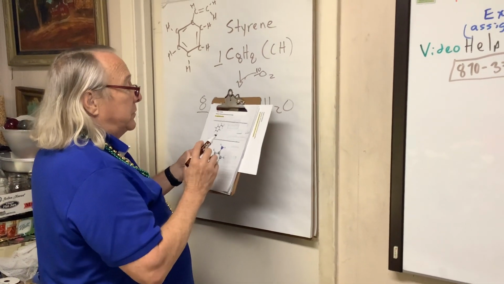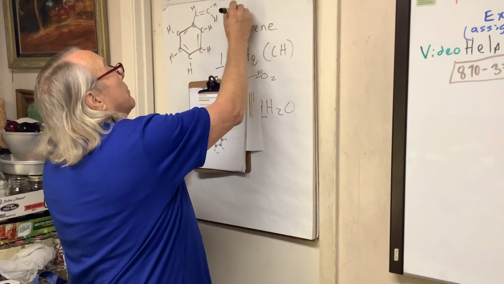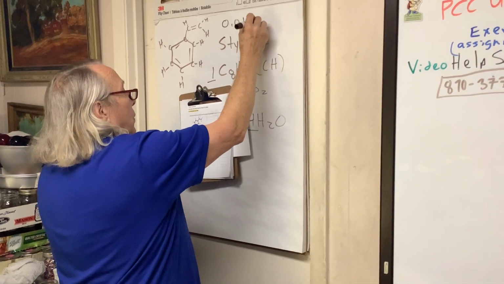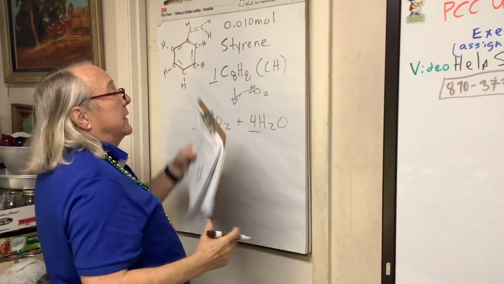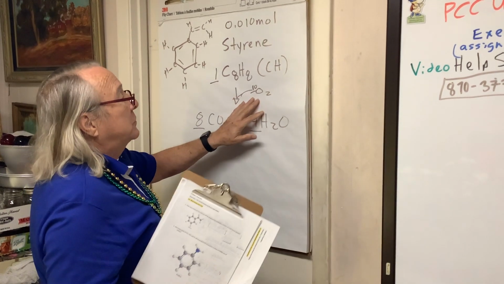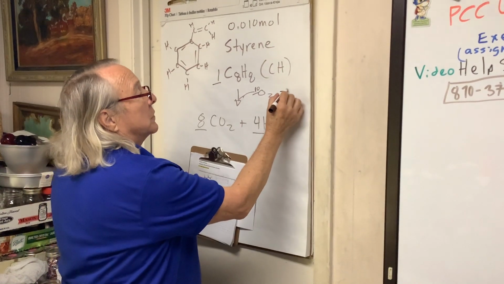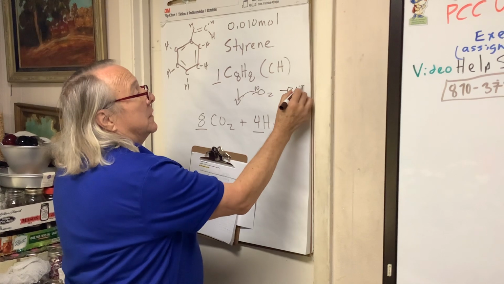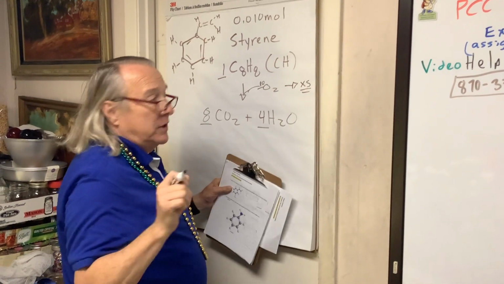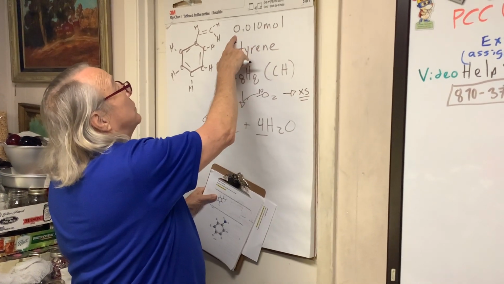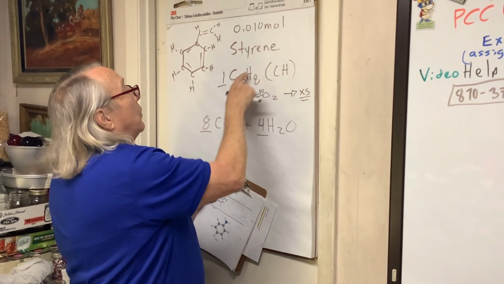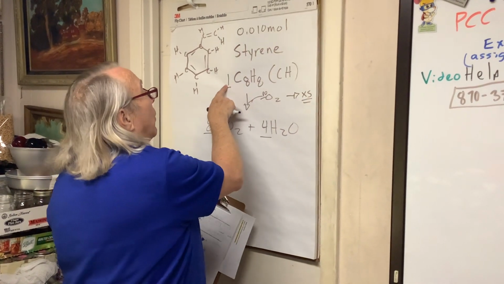So this problem said I had 0.010 mole of styrene. And I'm doing a combustion analysis. That means this is in excess oxygen. 0.010 moles of styrene. So I didn't have 1 mole.